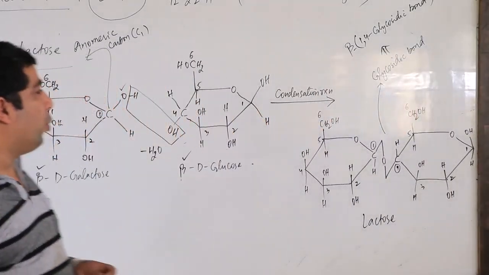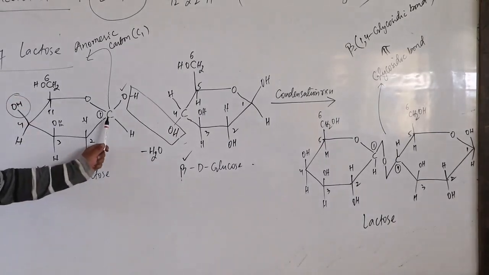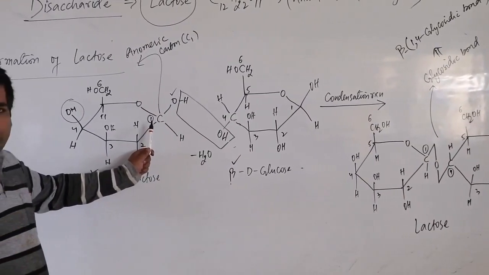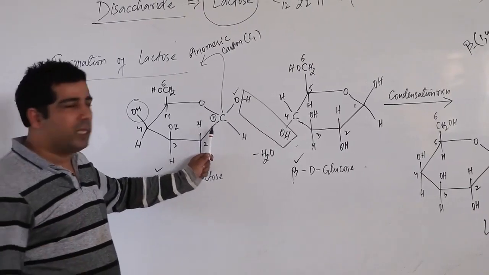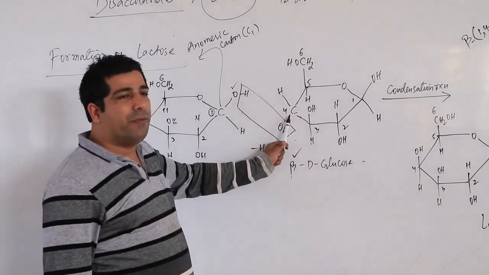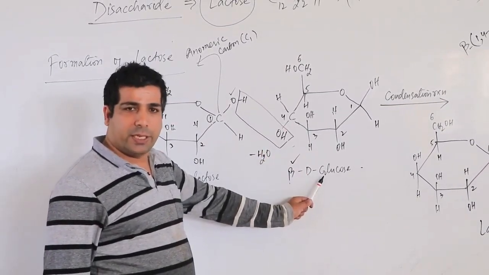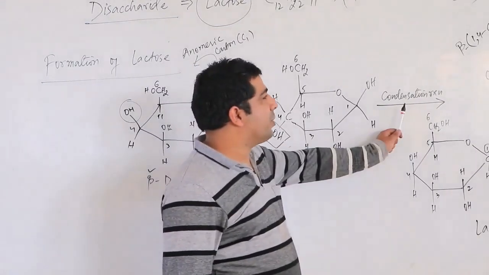So I hope you have understood the formation of lactose, and it is formed how? When the anomeric carbon of galactose, the first carbon, interacts with the fourth carbon of the glucose molecule. Beta form and beta form both should be there. There is a condensation reaction.